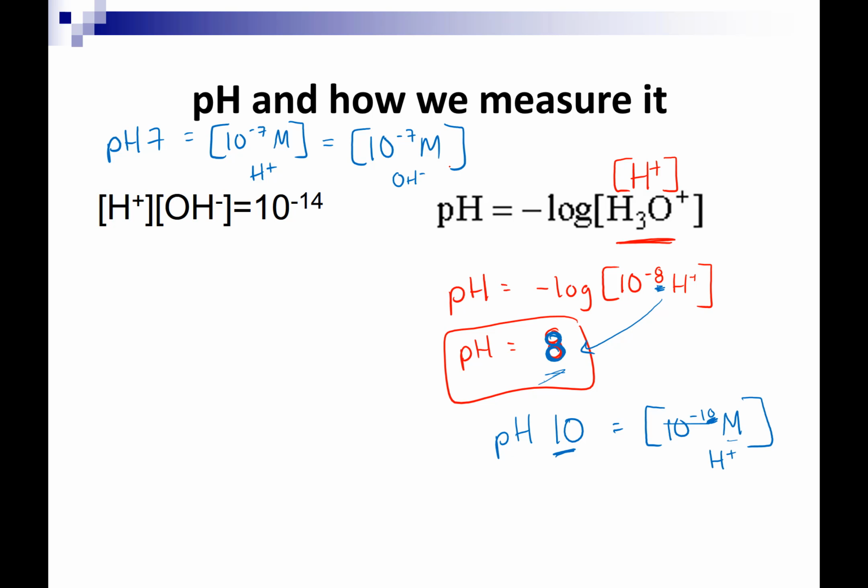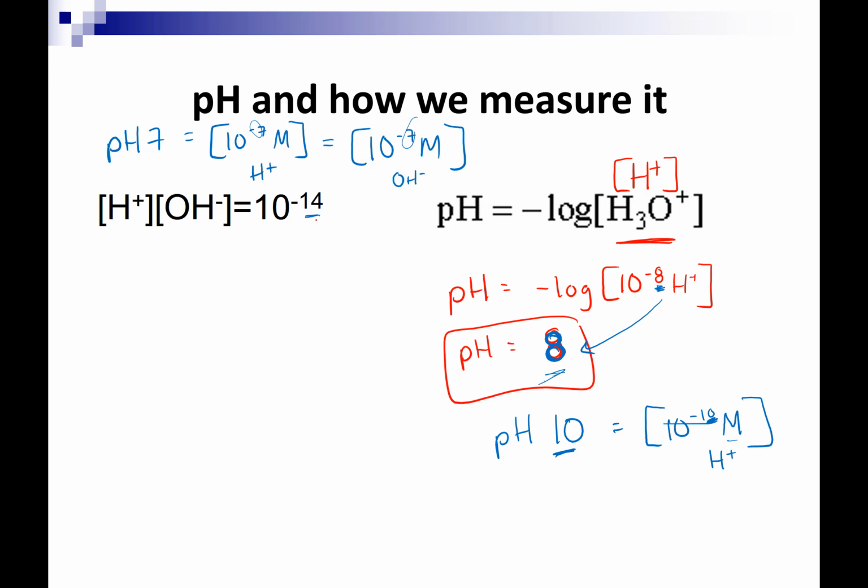Okay? So that's from a previous slide. And the relationship here is if you look at 7 and 7, 7 plus 7 equals 14. Our pH scale goes from 0 to 14.